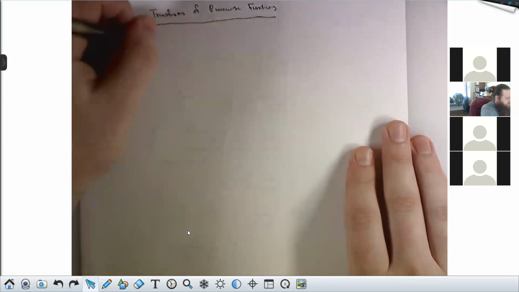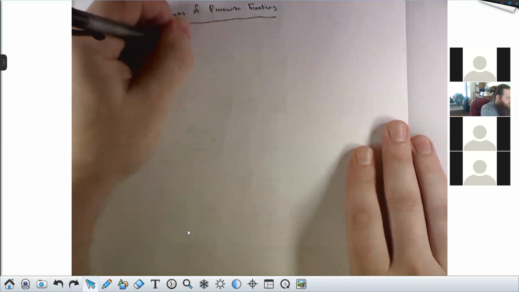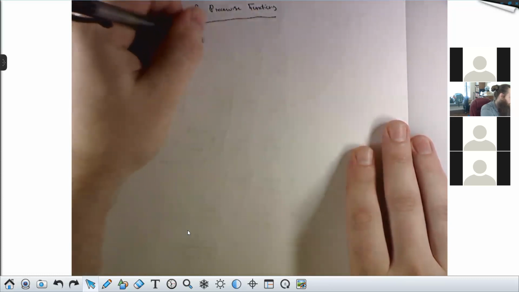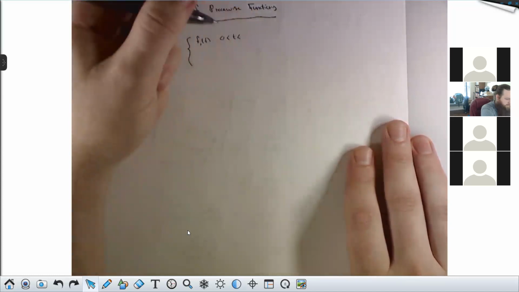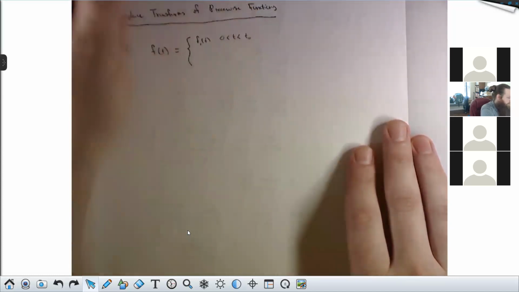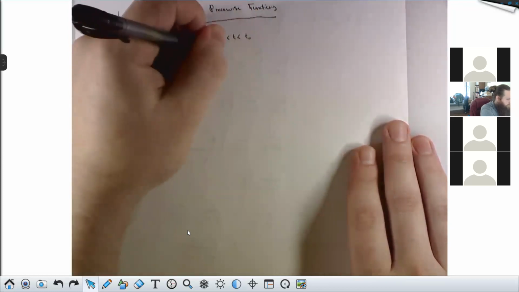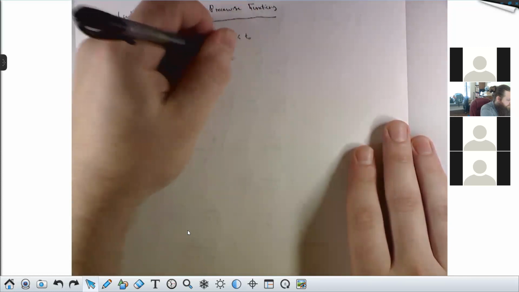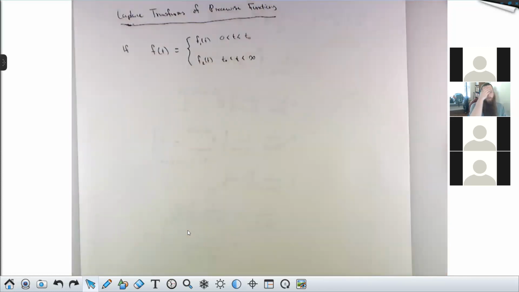If f of t is made up of two other functions, f1 of t for 0 less than t less than t naught, and f2 of t for t naught less than t less than infinity. You could split it up more than that, but let's suppose my piecewise function has two pieces.